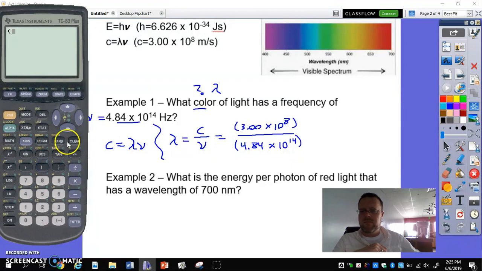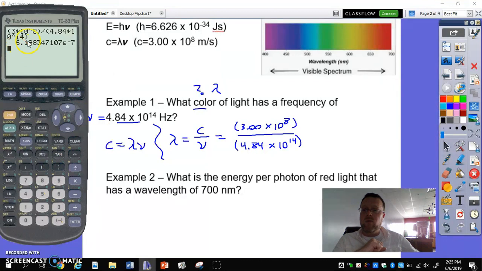So I think I would enter it into the calculator something like this. 3, you don't necessarily have to put these zeros on here. So 3 times 10 raised to the 8th power. Go ahead and close that off. Divided by, and open another set of parentheses for my denominator here, 4.84 times 10 raised to the 14th power.